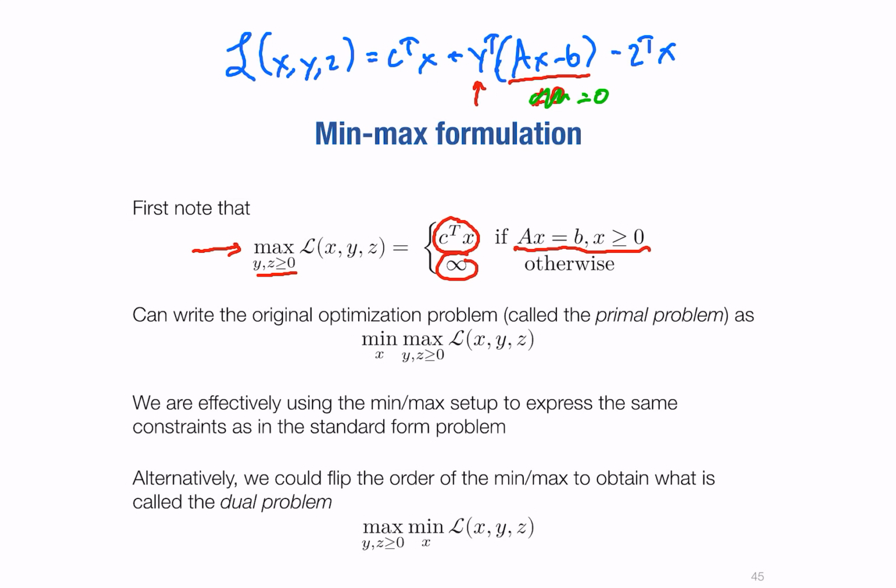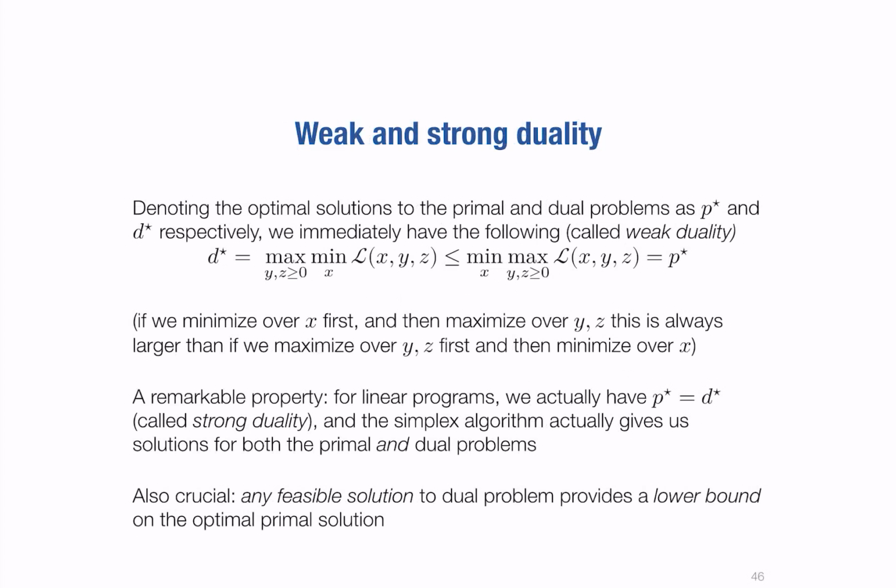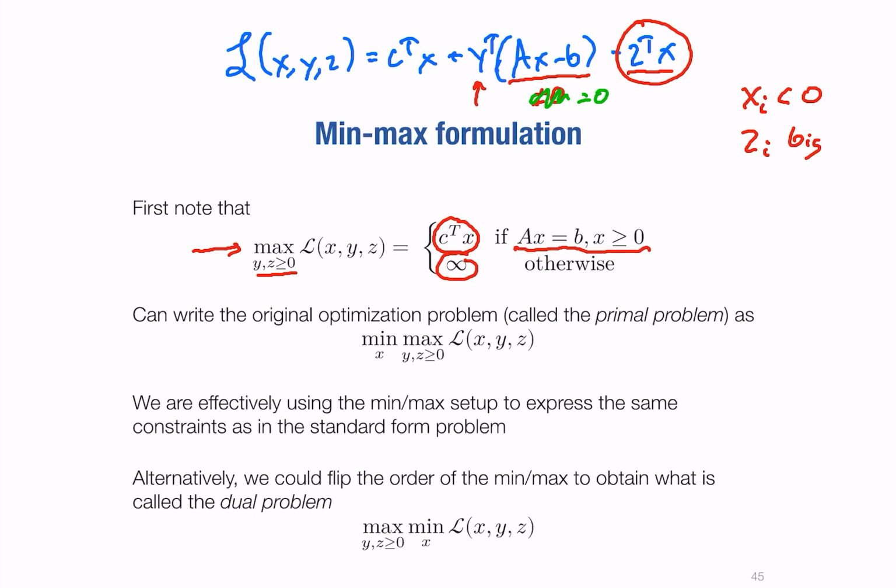Something very similar happens in the case of this term here. Let's suppose that there is some xi less than 0. Then by picking zi to be some big positive number, this whole term becomes arbitrarily large. We're subtracting it, so with xi being negative and zi being large positive, that would make this whole thing very, very large.